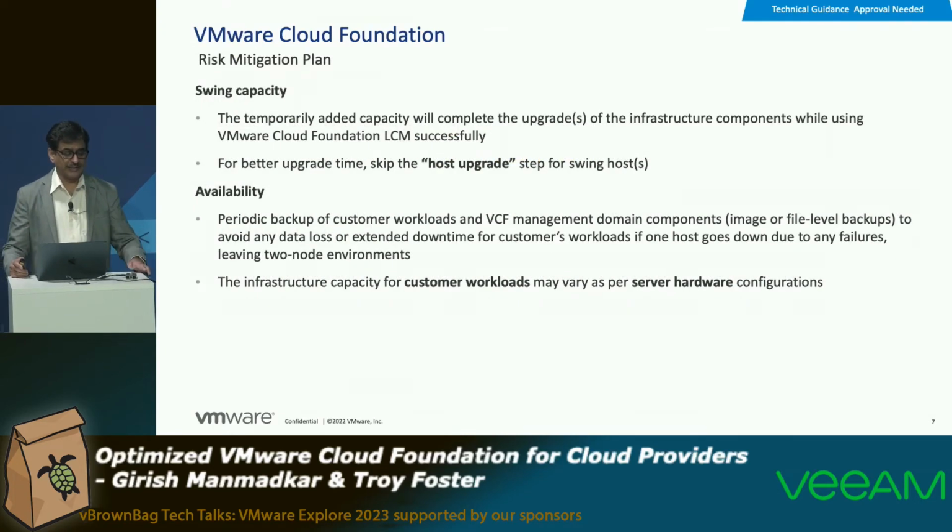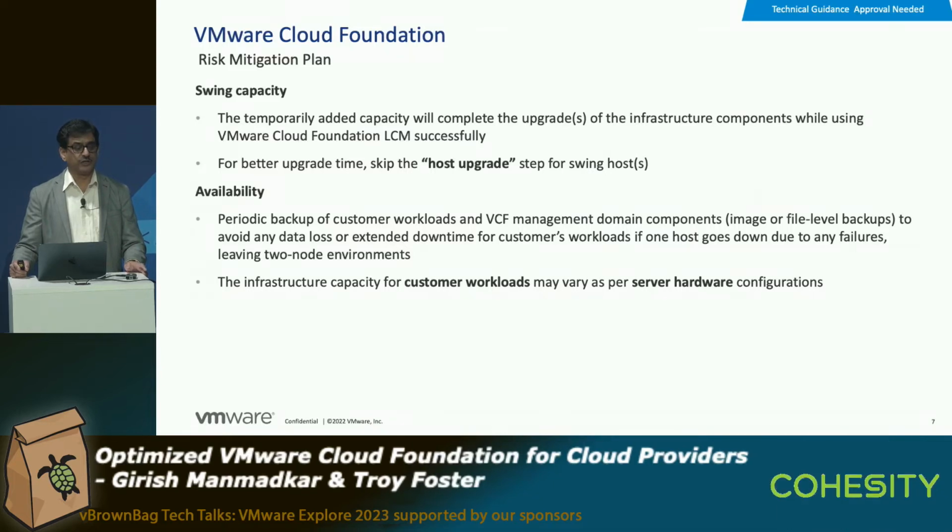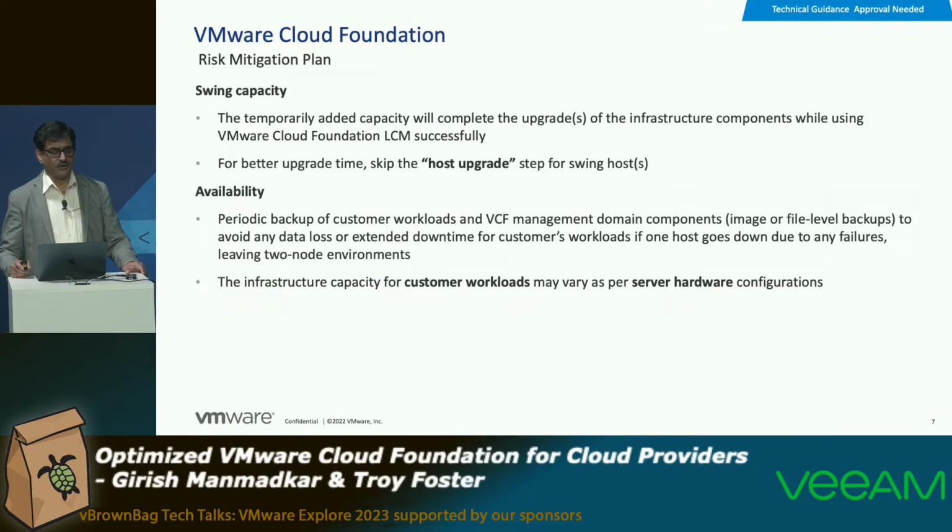Again, when you are looking at the swing capacity, make sure that you have a host of equal or larger capacity so that your vSAN rebalances really well as a cluster and doesn't have any issues with your customer workloads. And on availability, before you perform lifecycle automation tasks, we strongly recommend taking a backup.